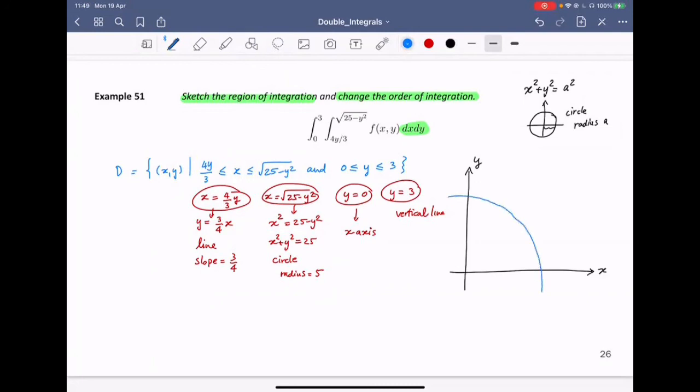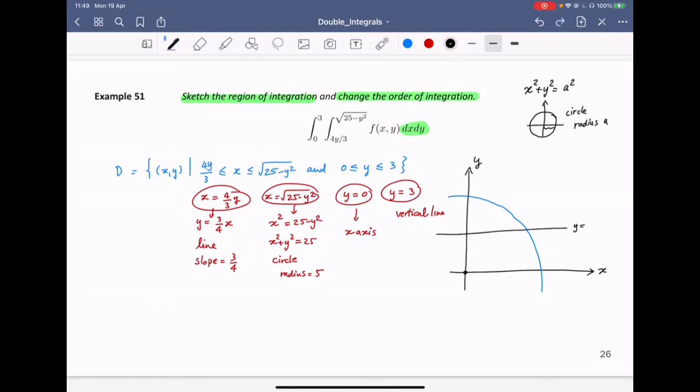I'm just looking at the first quadrant, you will see why in a minute. We have a circle with radius 5, but I zoom in on quadrant 1, because at the end we have y equal to 0 and y equal to 3 here. Because the radius is 5, y equal to 3 is just here.